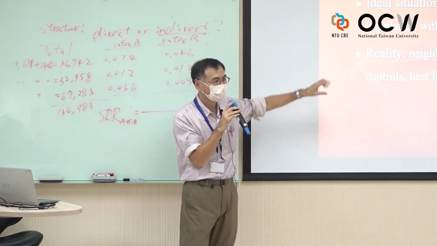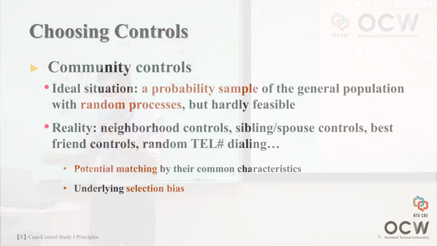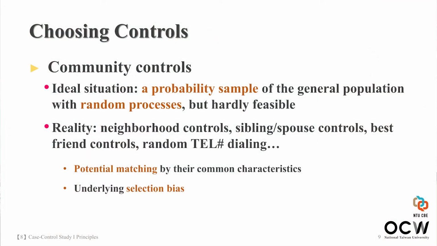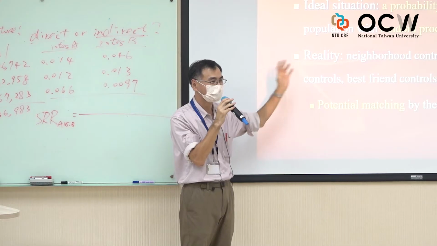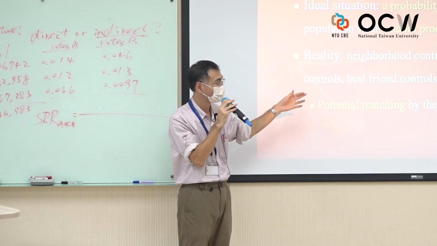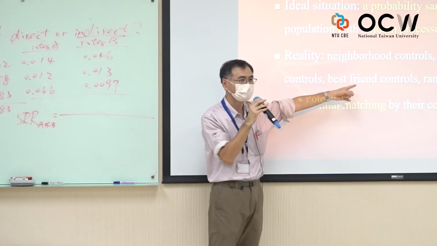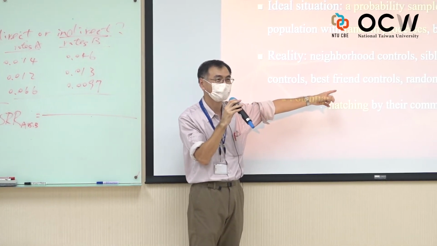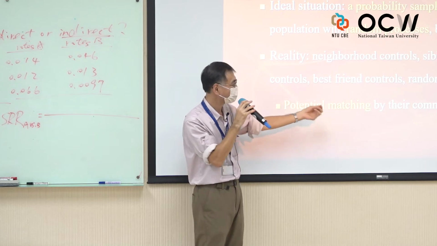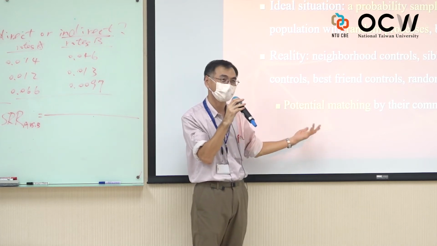So in reality, nothing is really perfect because of the issue of potential matching. It's partially matching, right? Spouses or siblings or neighborhood, they have been matched to socioeconomic status, right? And best friend, who's your best friend? It's very likely they'll graduate from the same school, so they've been matched for the education level, for example.